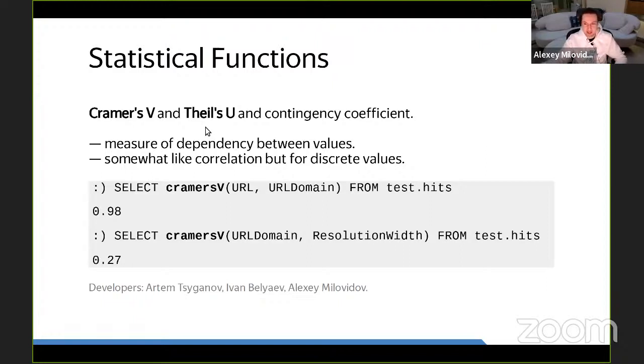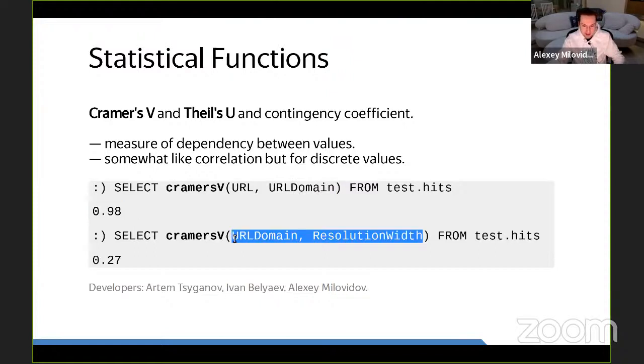What it is: like correlation, but between categorical values, to calculate dependencies. So if you have some field like URL, and you have another field like URL domain, and you have almost functional dependence, so the domain is calculated from the URL almost always, this value will be close to 1.